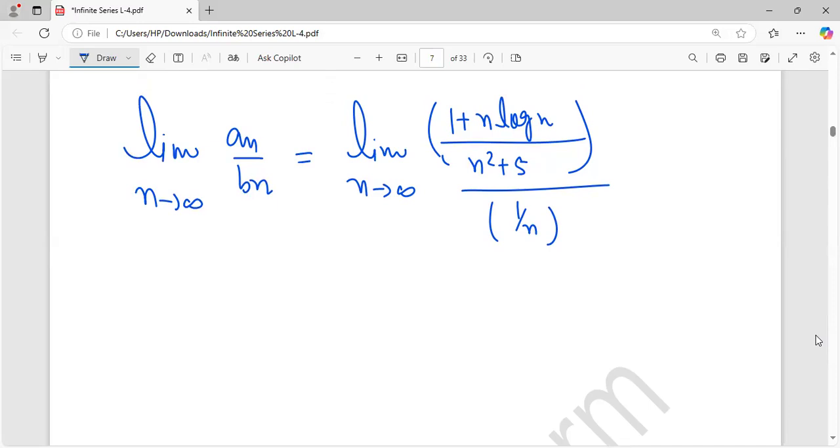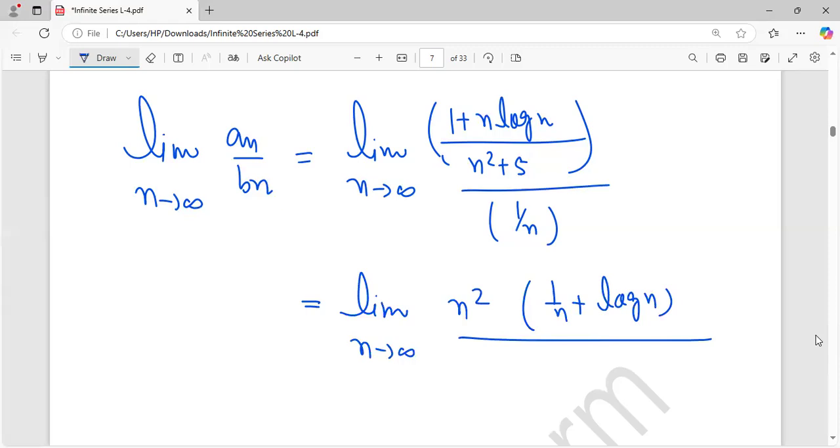You can take n outside. The limit as n tends to infinity, it will be n square, and this will be 1 upon n plus log n upon n square, over 1 plus 5 upon n square.